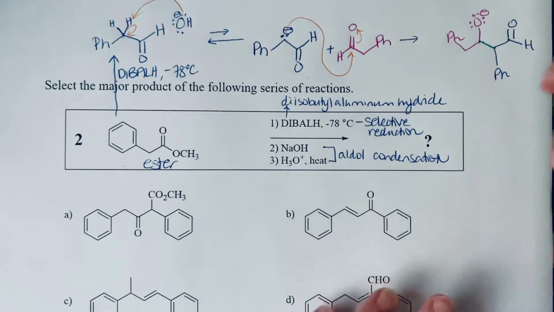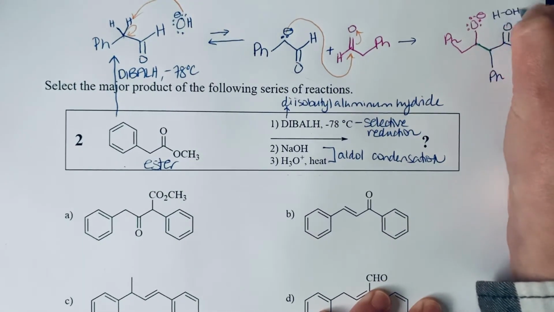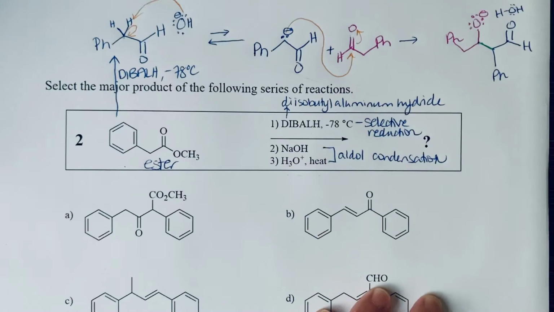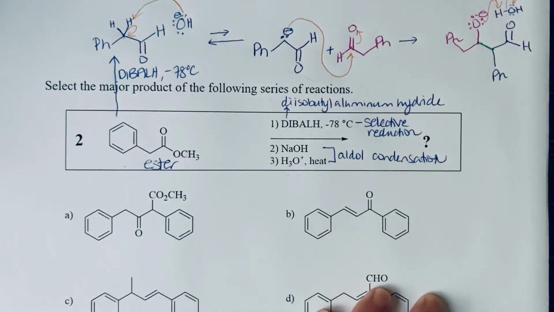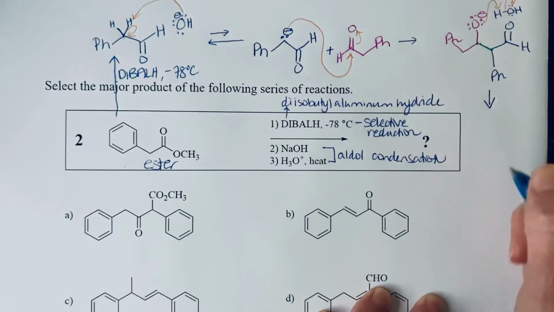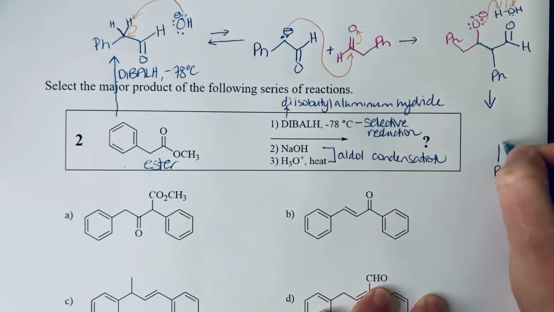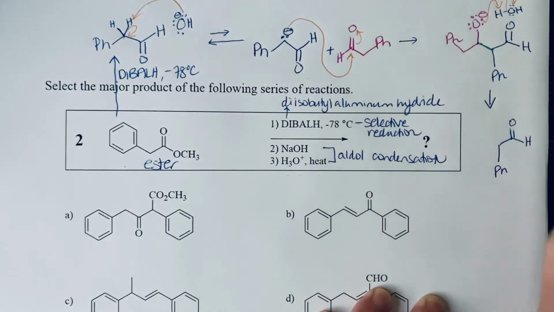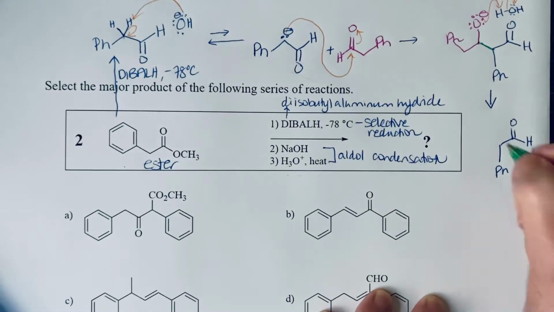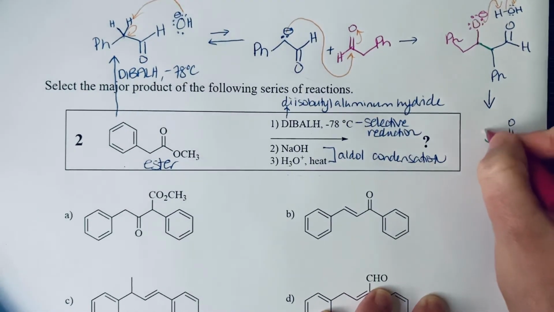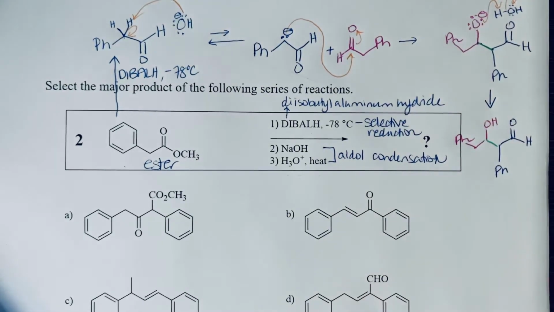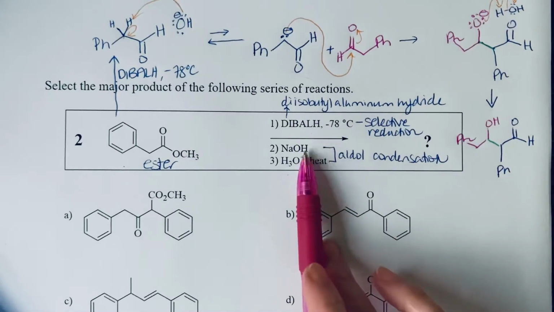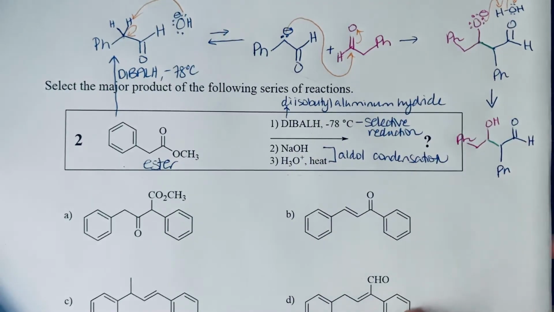So we can draw some water and put the proton onto here. Okay, so now we're going to be drawing the aldol addition product. So I'm going to keep highlighting where that new bond is. And then you've got, now this is the alcohol, and you've still got that phenyl ring. So this would be the product of step 2. So this is the aldol addition product.